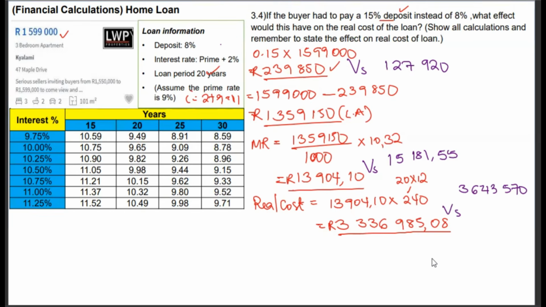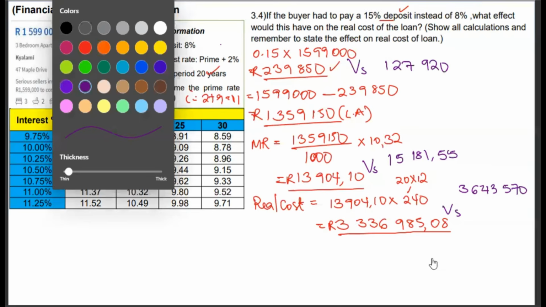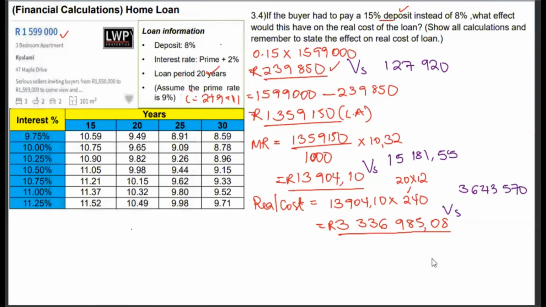You are concluding and you're saying, in your simple terms, when it comes to the deposit, definitely with 15%, the deposit is higher. With 8%, it's low, which is obvious, okay?